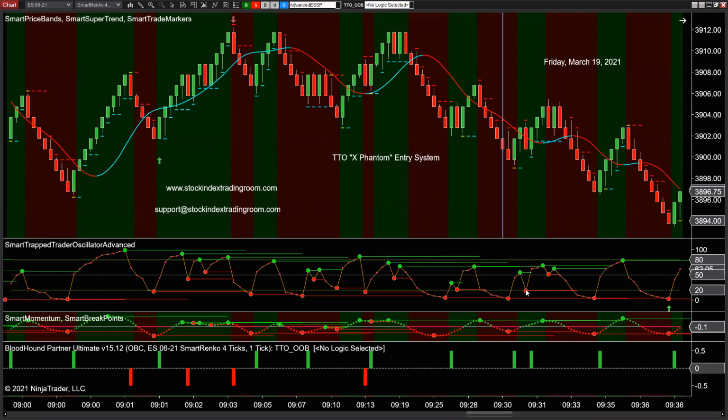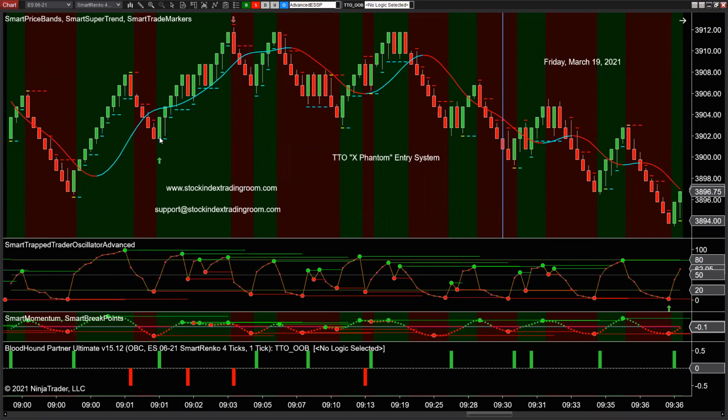If our reading when Trapped Trader Oscillator gets below 20, even a decimal point, then it reads, okay, we are undervalued here, likely to go up. When it's red, here, here, here, it's reading that we are over the 80, and we're likely to come down.